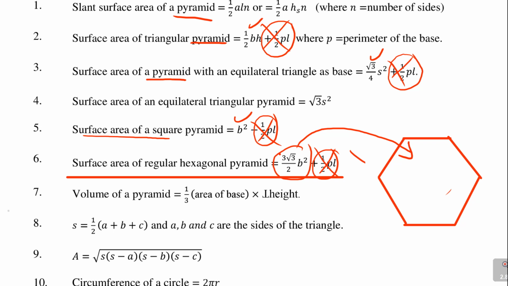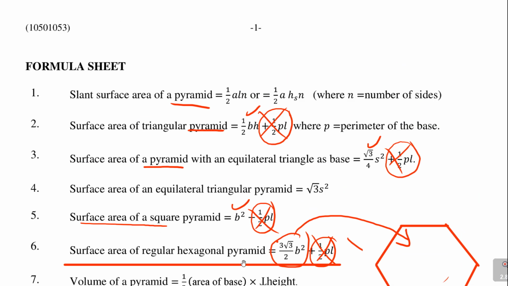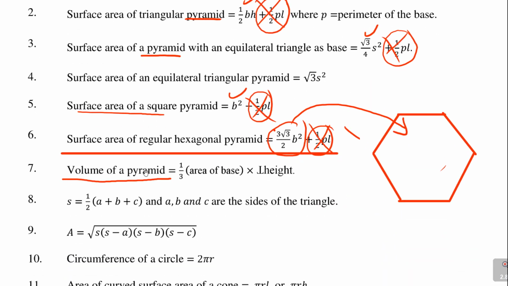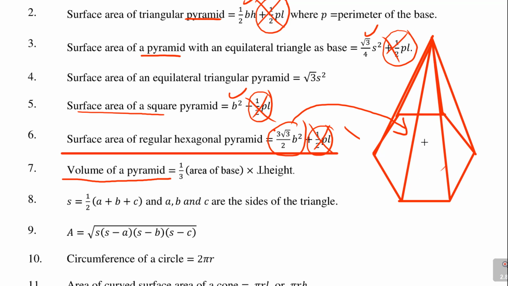But there is another one, the volume of a pyramid, because this is a hexagonal pyramid. So we need to know now, this is just the general one, the volume of any pyramid. Remember, this is a pyramid in the sense that it was going up like that. What is important is what shape is the base.